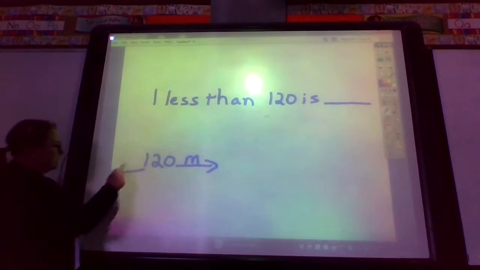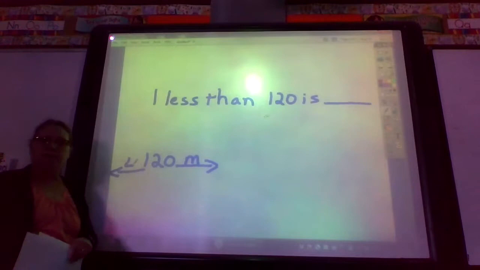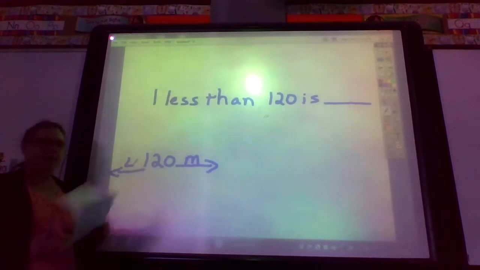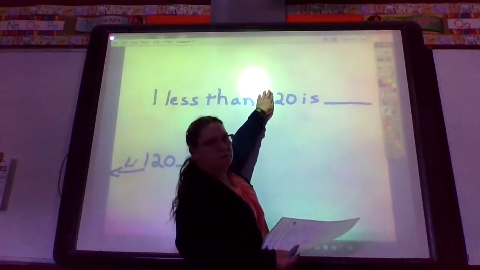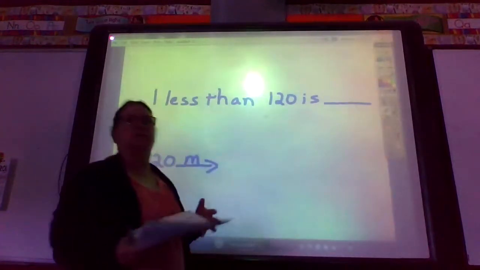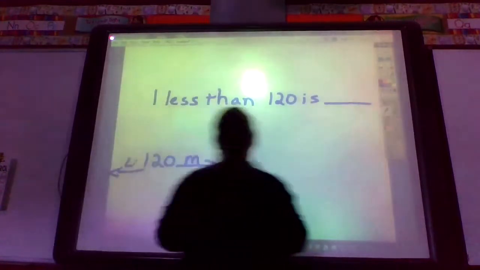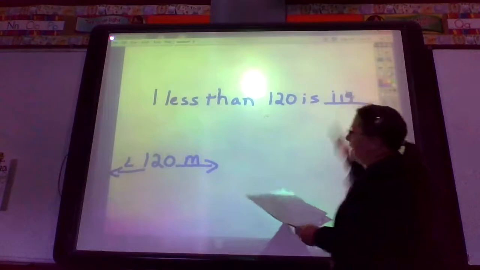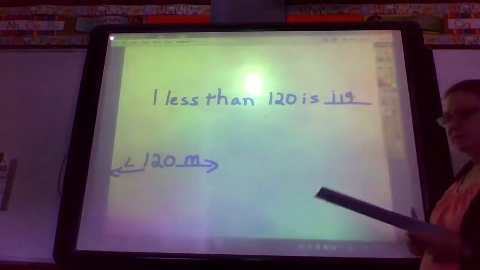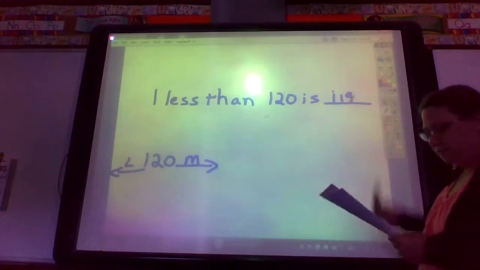It gets smaller if it's less. So if I take 1 away from 120, what is that? Think of it as taking 1 away from 20. What number comes before 20? 19. So 1 less than 120 is 119. Okay? So this is where they kind of get confusing.